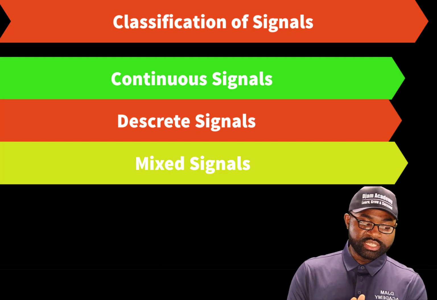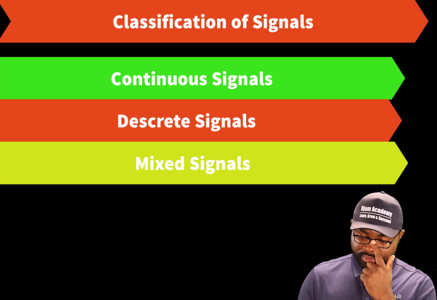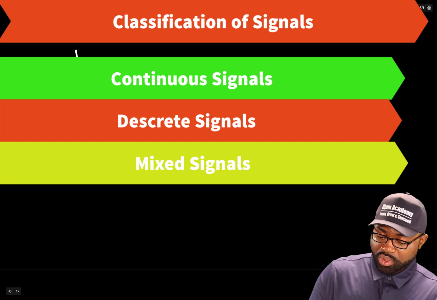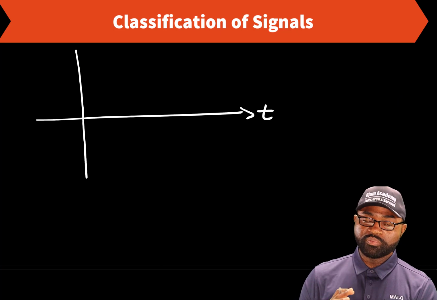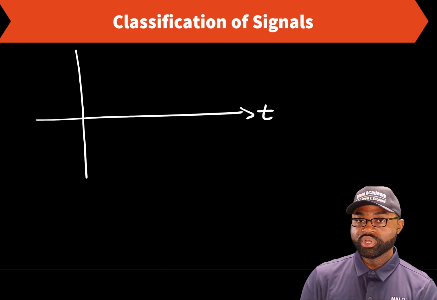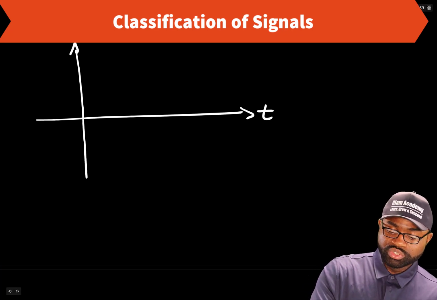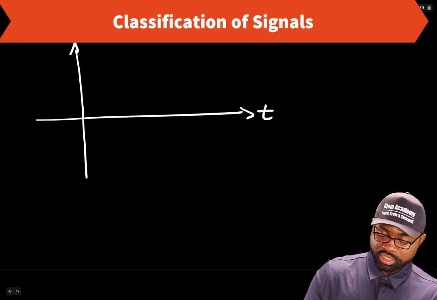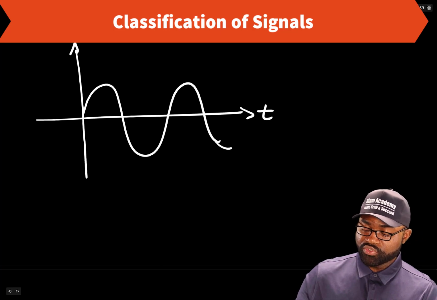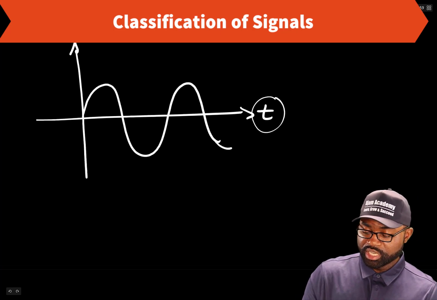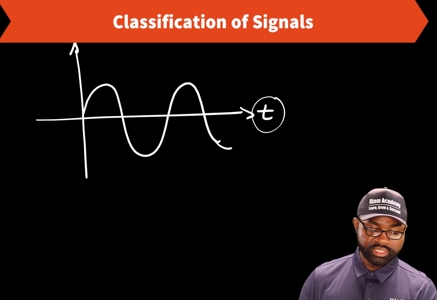A continuous signal is present for all instants in time or space. A typical example is the voltage across the capacitor or the current through a resistor in an RC circuit. If we draw the voltage across the capacitor, it is a sinusoid. You realize that the values of the independent variable t are continuous. Therefore, this is a continuous signal.